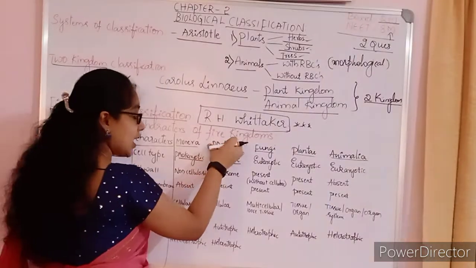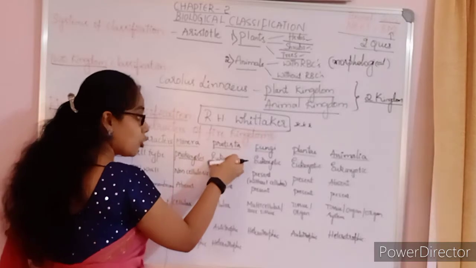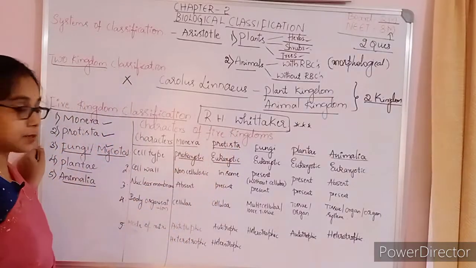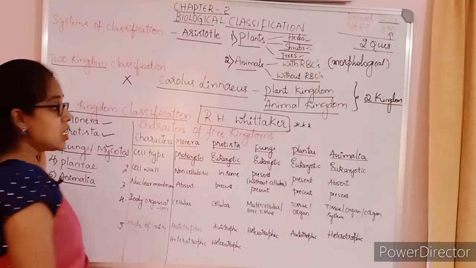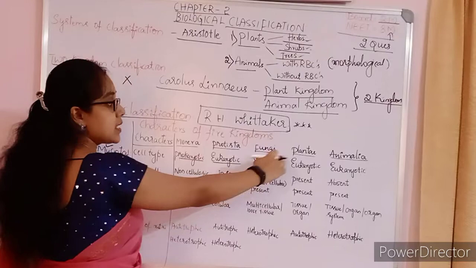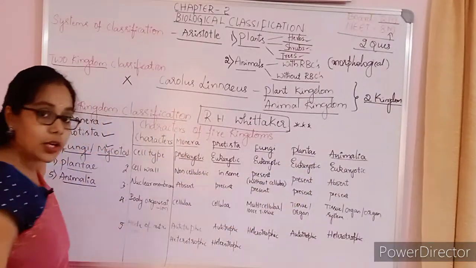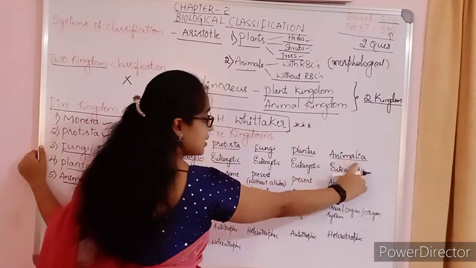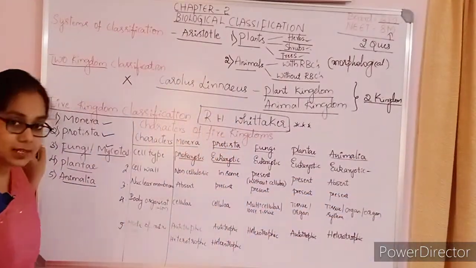So, the organisms which are coming under the kingdom Protista are always eukaryotic. What about fungi or Mycota? It also involves eukaryotic organisms. Kingdom Plantae is also having eukaryotic organisms, and kingdom Animalia is also having eukaryotic organisms.